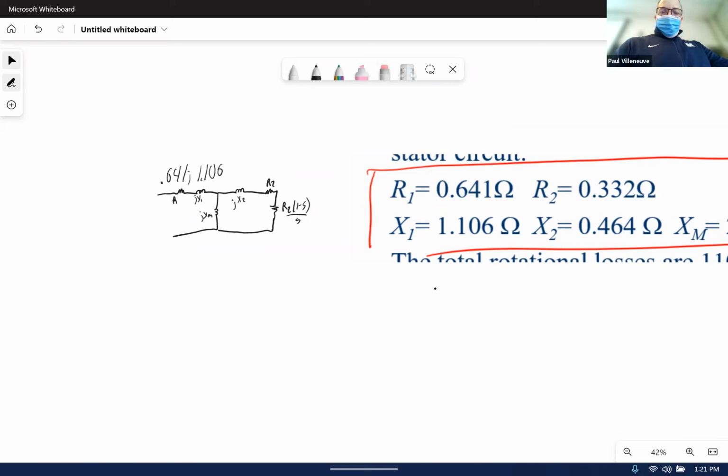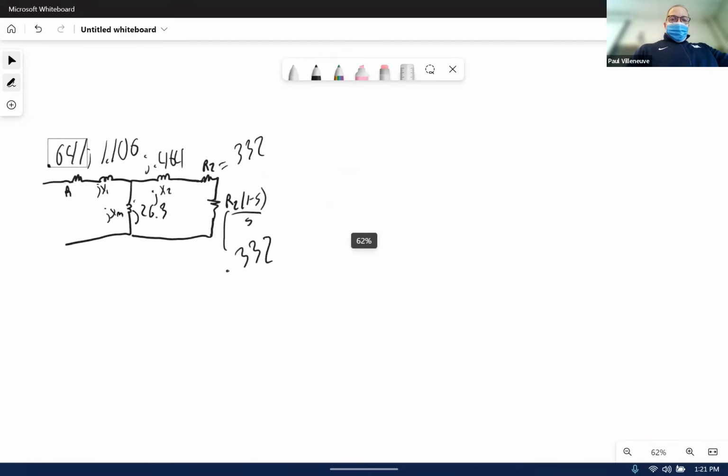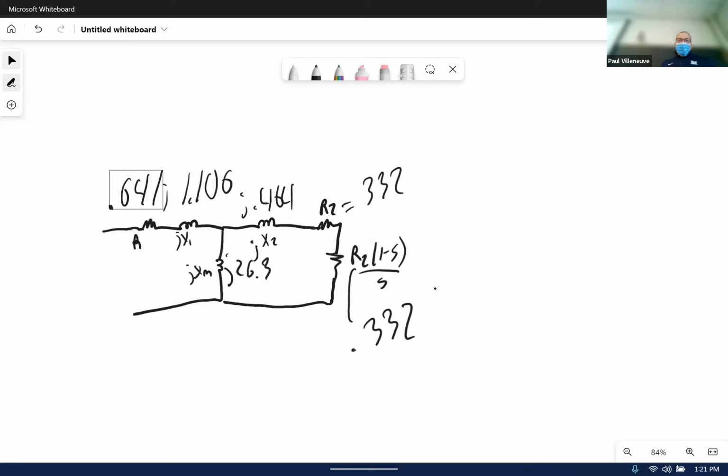This is 0.464 j. This is 0.332, and this is 0.332. We can combine those, we just don't know the slip yet. And then XM is j26.3. So now I'm going to delete that and zoom in here. We have almost our whole circuit done up.